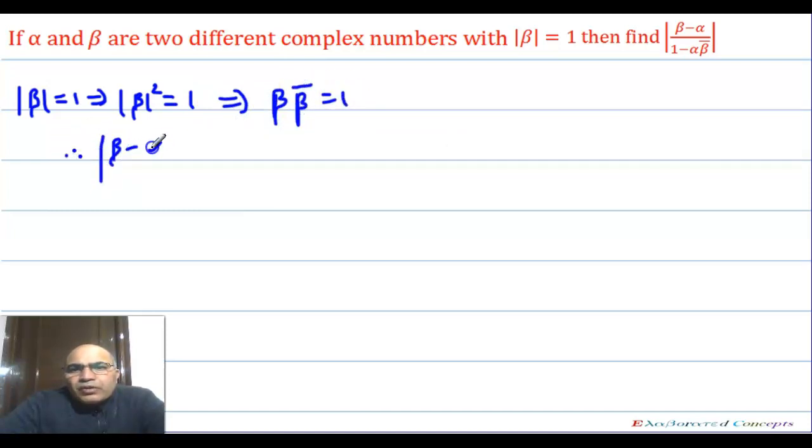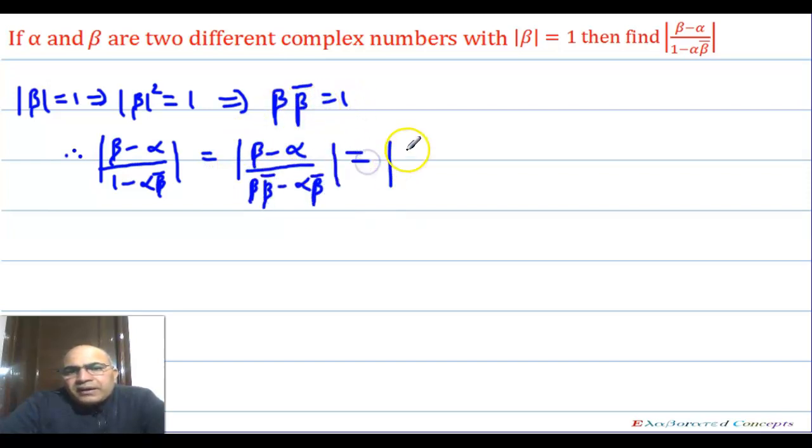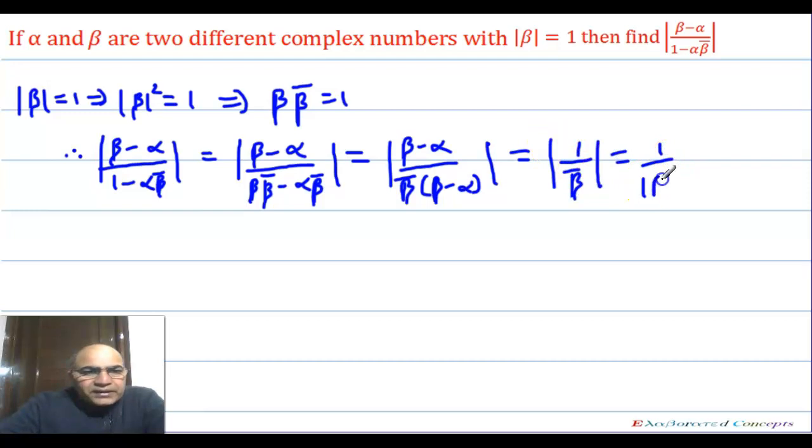Now in mod of beta minus alpha upon 1 minus alpha beta conjugate, we put 1 equal to beta beta conjugate and then take beta conjugate common from the denominator. Now cancel the beta minus alpha factor from numerator and denominator. We get 1 upon mod beta conjugate, which is equal to 1 upon mod beta, and mod beta is 1. Therefore the required expression is equal to 1.